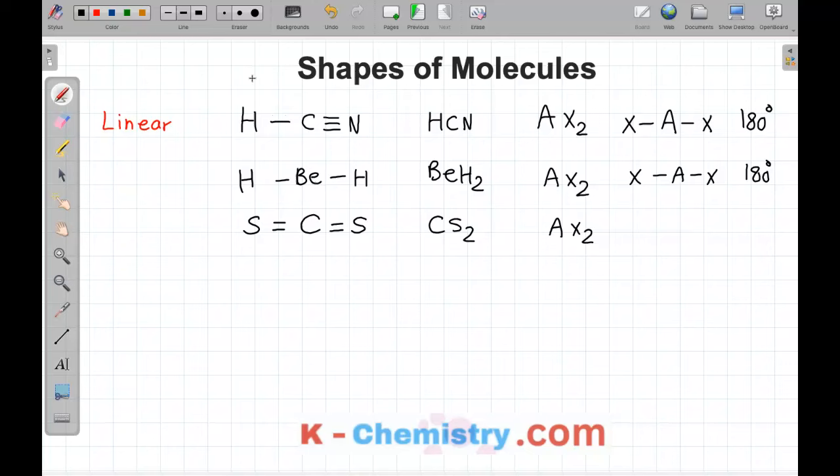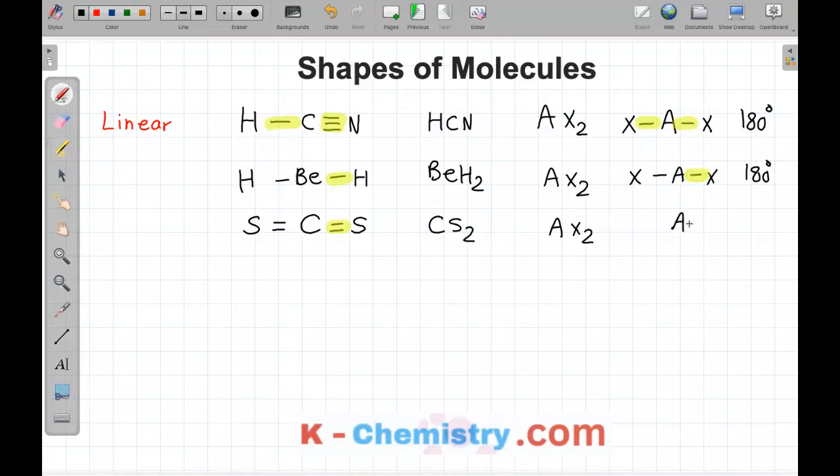Please always remember that if you are dealing with a single bond or double bond or triple bond, this is considered the same thing. So 2 things. Do you remember saying 2 things around the central atom, 2 electron clouds? If it was a triple bond or single bond or double bond, it is still counted as one only.